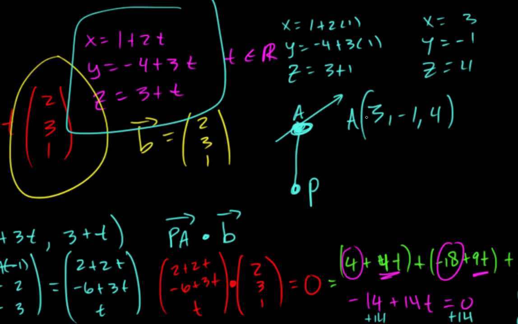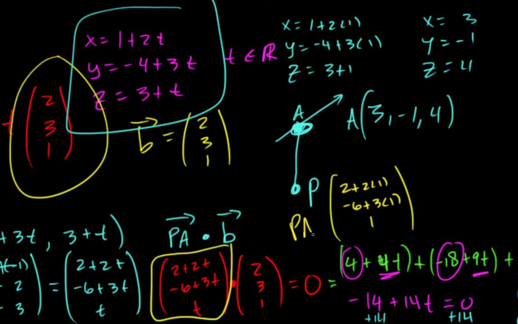Okay, now part B says find the shortest distance from the point to the line. Since it was perpendicular, we're going to use that same t value, and so we want to find the actual value of PA at that moment, and so we're going to go back to PA, which here's one version of it, plug in a 1 for everything, so 2 plus 2 times 1, negative 6 plus 3 times 1, and then just 1.